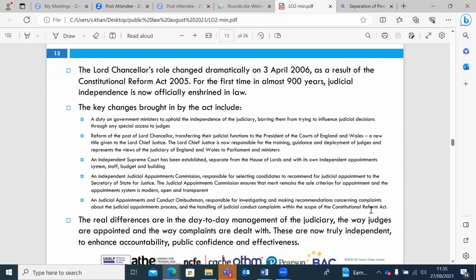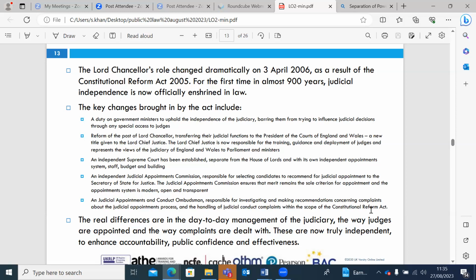The key changes brought in by the Act include, firstly, a duty on government ministers to uphold the independence of the judiciary, barring them from trying to influence judicial decisions through any special access to judges. Secondly, the reform of the post of Lord Chancellor, transferring their judicial functions to the President of the Courts of England and Wales, a new title given to the Lord Chief Justice.